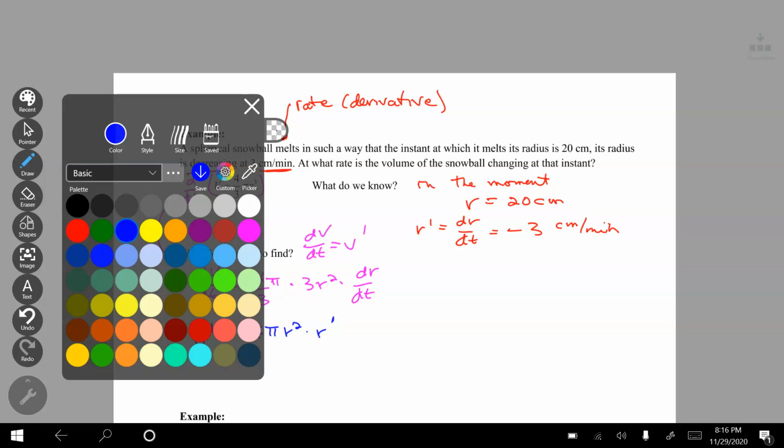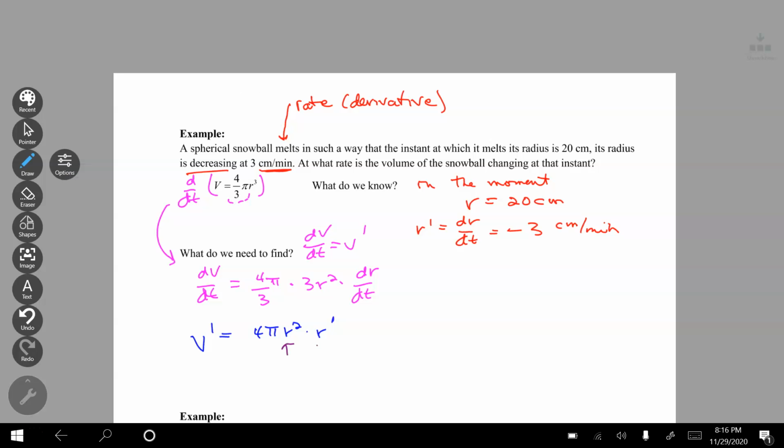And what do I know? I know r, I know that. So I get v prime is equal to 4 pi 20 squared times -3. I'll put the units in later. I multiply it out. I get my dv over dt, which is v prime, is equal to, well, 400 times 12 is negative 4,800 pi.